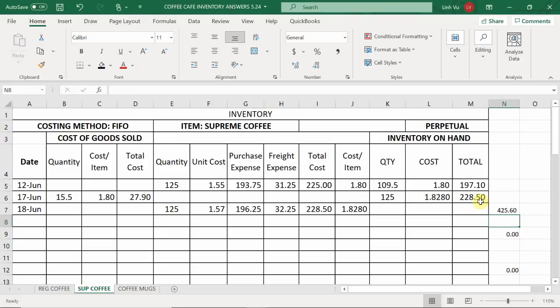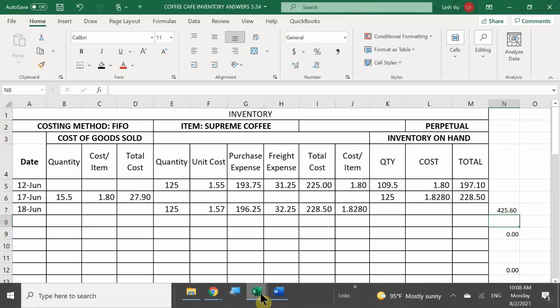Okay, so now that we updated our inventory worksheet, we're finished with our journal, we're finished with our ledger. We have 2 more things to do. We need to go to our subsidiary account because now we need to keep track that we owe this vendor money.